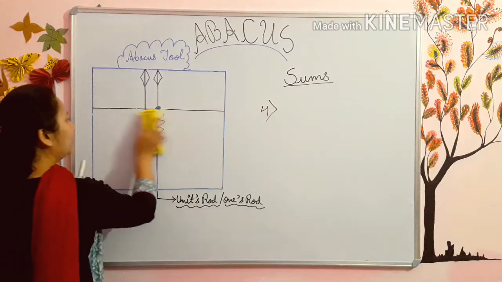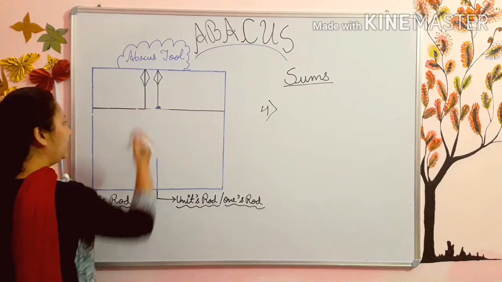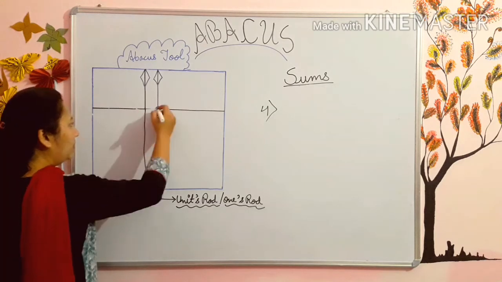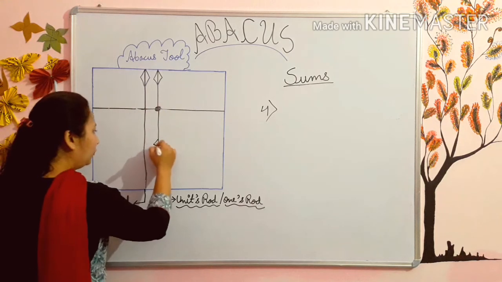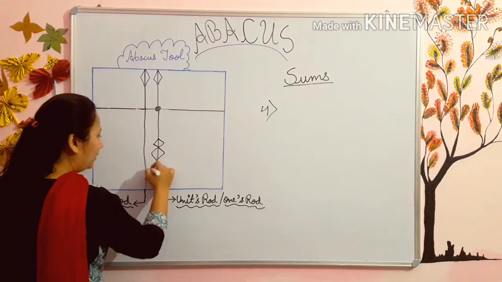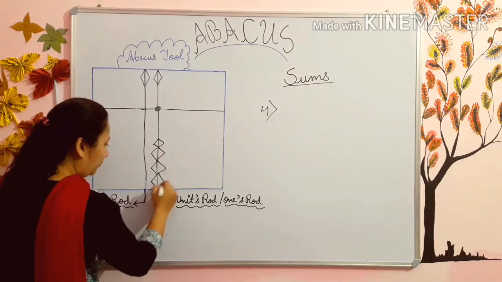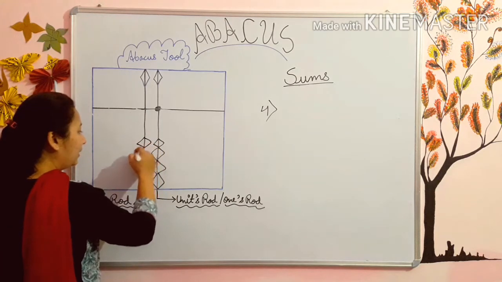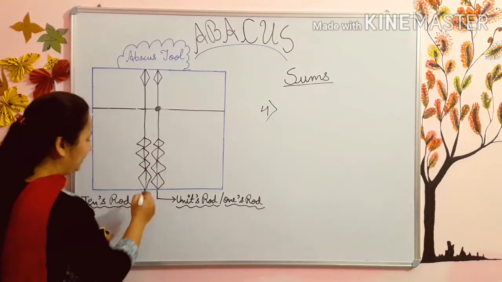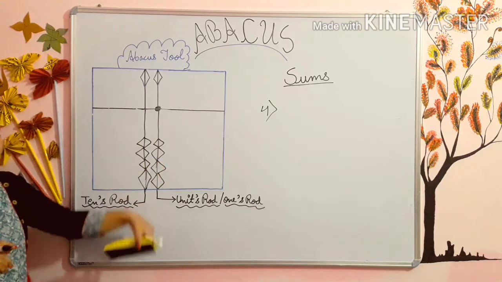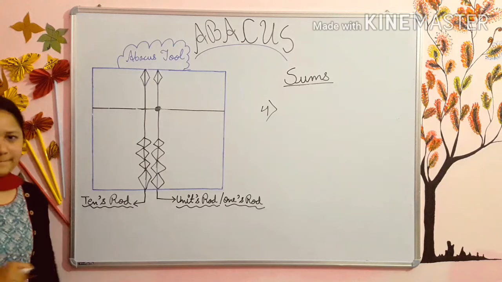Set your abacus kids. Upper beads up and lower beads down. Kids, once you understand it and if you practice the sums, then you can easily do it and it is a very fun activity, kids. See, lower beads down, upper beads up.